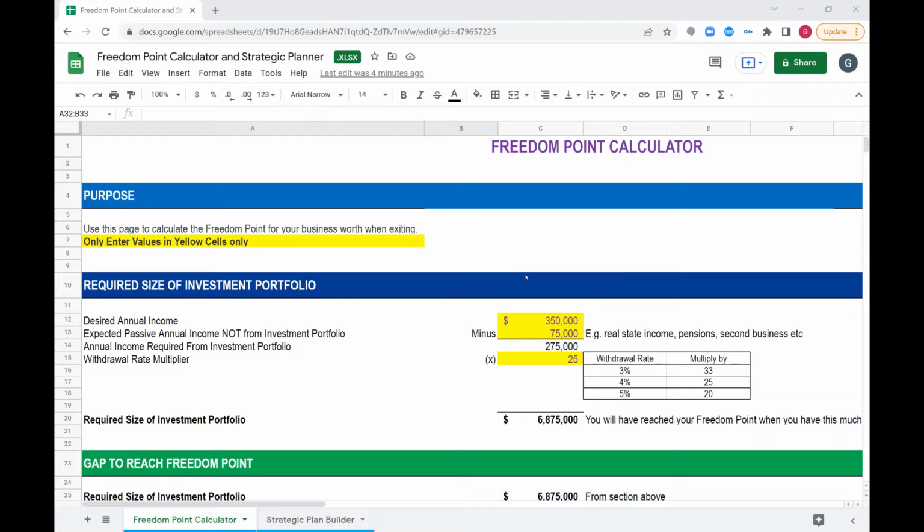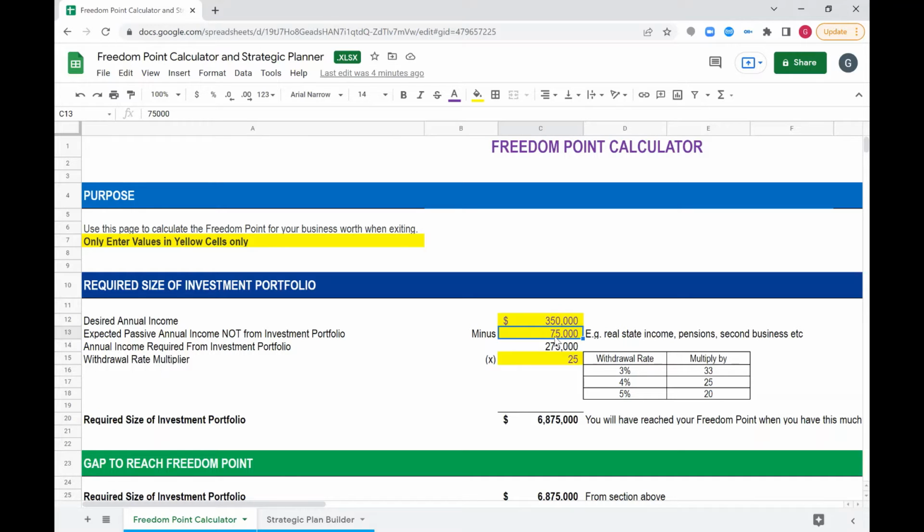So let me just walk it through really quickly. I start with what's the desired annual income. It could be what they currently are enjoying from the business, or it could be that they're not there yet and they know they want to target a different number. In this example, let's just use 350. We take into account any passive sources of income that are separate from the business. That could be real estate, or non-operating interests in business that kick off dividend and cash flow of some sort to them.